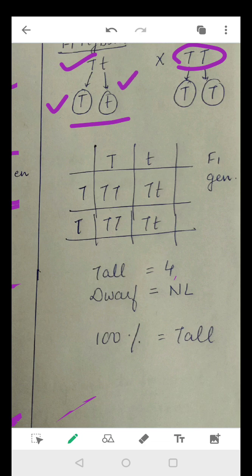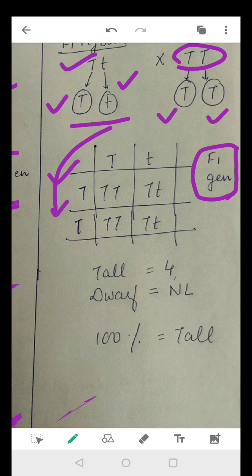You will have gametes here, capital T. Now we'll again calculate the F1 generation, and we'll use the Punnett square because it will help us in the calculation. It will make our calculation easy. So we'll write one of the gametes here, and one of the gametes here.